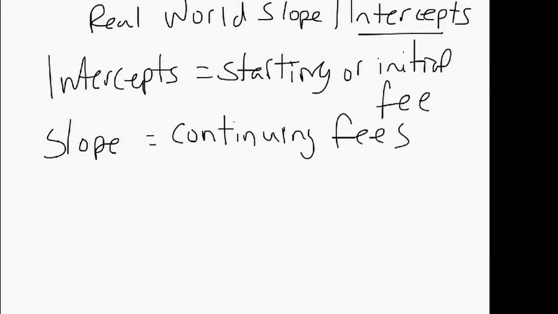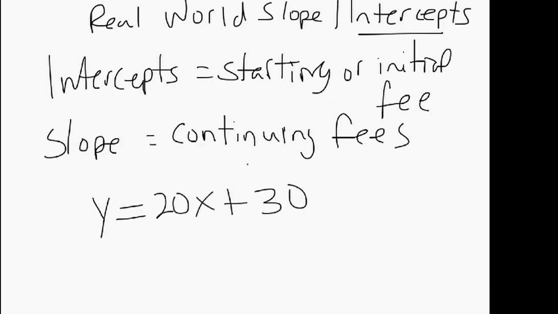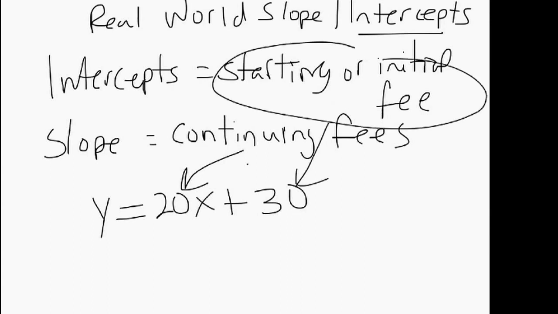So if I have a problem where Mr. Ashcraft has $30 in the bank and he is depositing $20 per week, then it would look like this. I have $30 in the bank and I'm depositing 20 per week. So the continuing thing is I'm doing 20 per week. I started with 30.